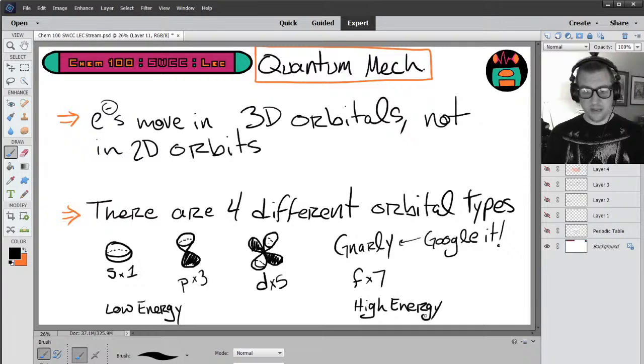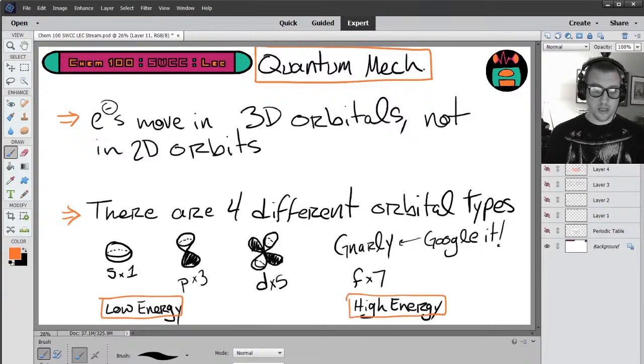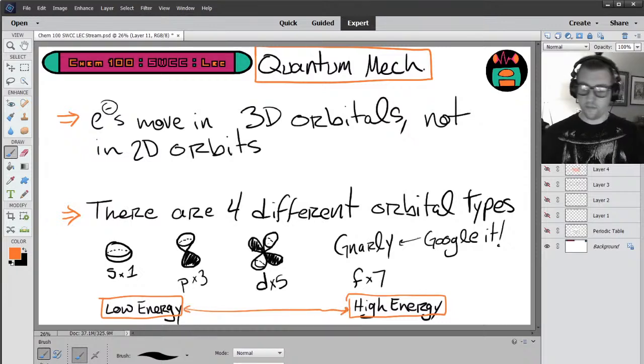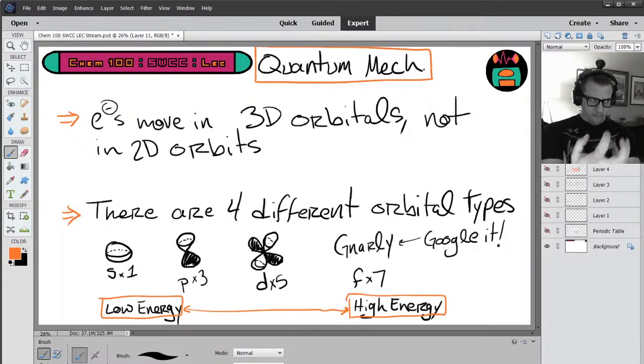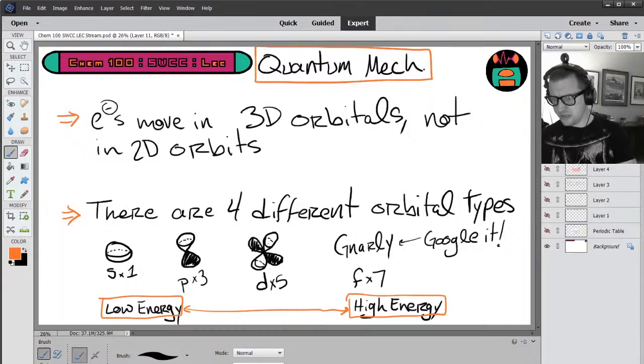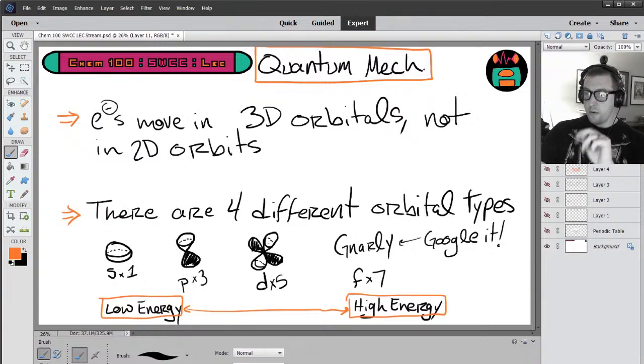The p orbitals and the d orbitals' energy levels lie in between these two. So that's one of the reasons why I like drawing them out and visually depicting them for you, not just so you know what they look like, but that picture tells you something about the energy level.